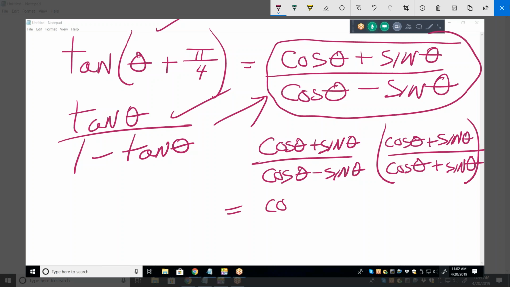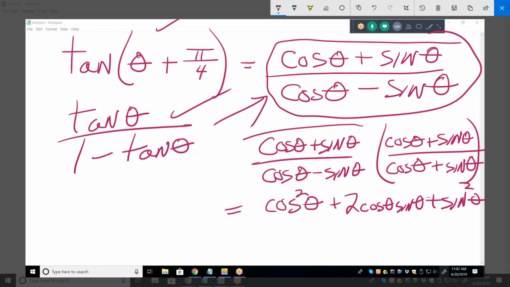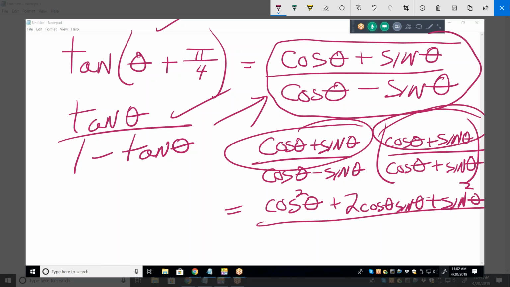So that gives us cosine squared of theta plus 2 cosine theta sine theta plus sine squared theta. That's what I get when I multiply that times that. And that's all over, this is the difference of perfect squares, so that's cosine squared theta minus sine squared theta.